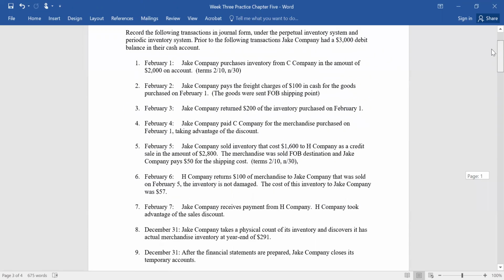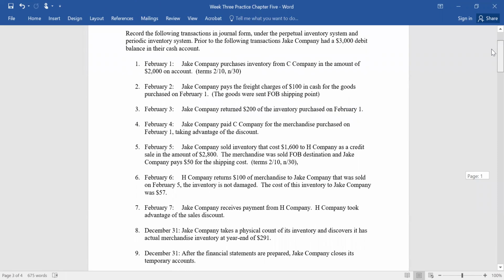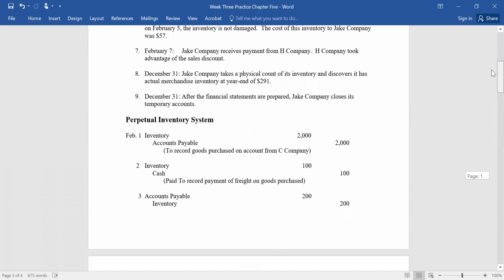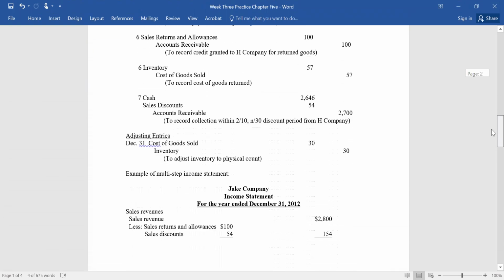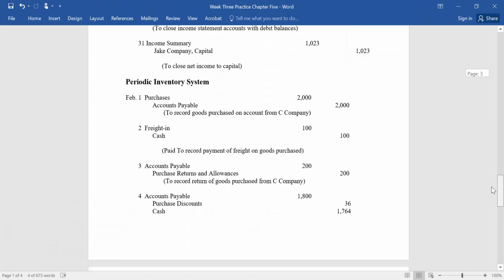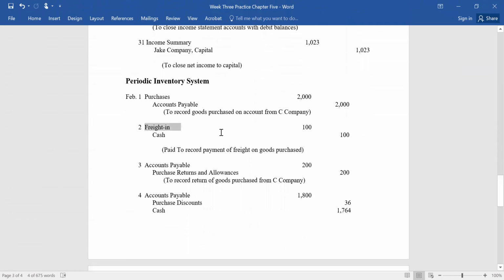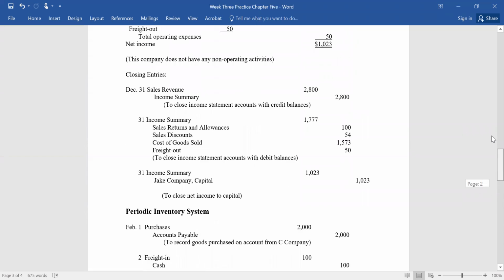Under the second item where Jake paid the freight charges of 100, under perpetual, we debited inventory, credited cash. We're going to debit a different account under periodic. Under periodic, if you look at this, we're debiting an account called freight in, still crediting cash, of course.